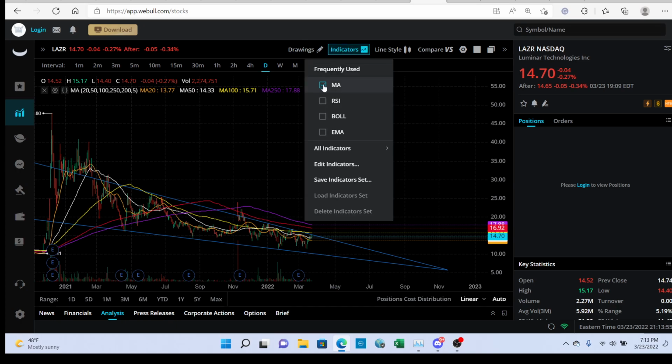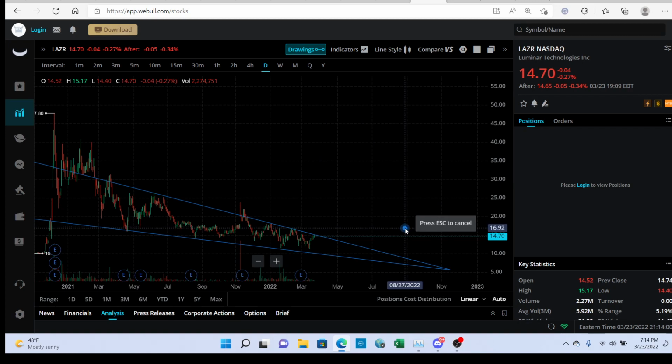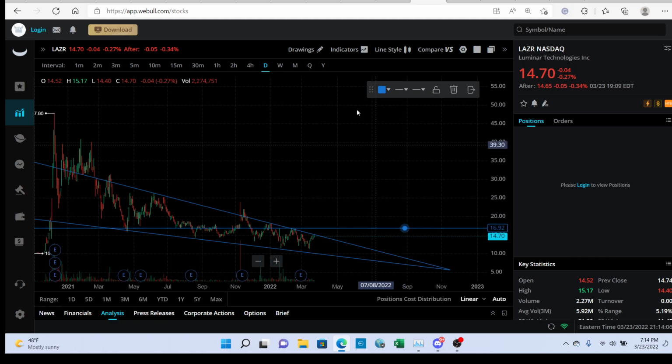Let's look for areas of resistance. Definitely going to be some resistance right here at around 17. And then this 2230 area is a pretty significant resistance.